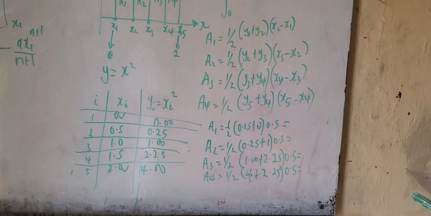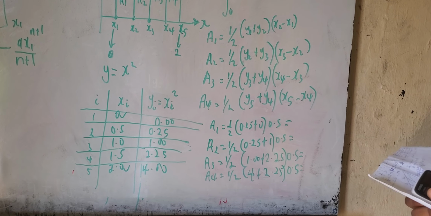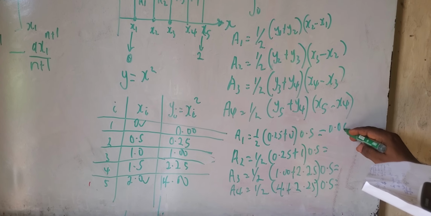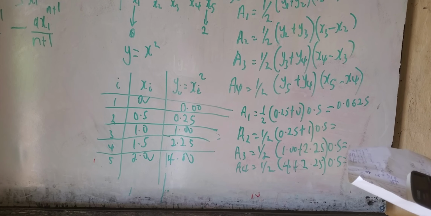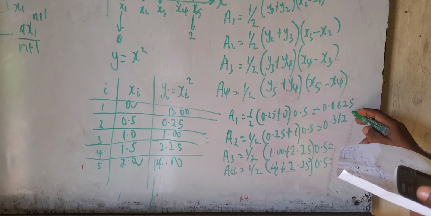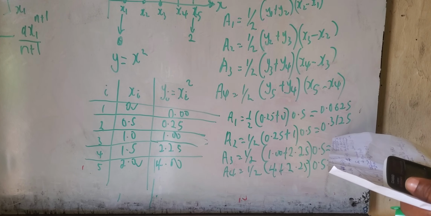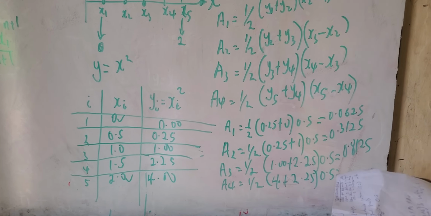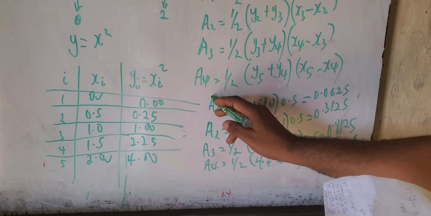Pressing the calculator, I'm going to have 0.0625. Then for the next one, half times 0.25 plus 1, I'm going to have 0.3125. For the next one, I'm going to have 0.8125. Then for the last one, I'm going to have 1.5625. Those are the areas.